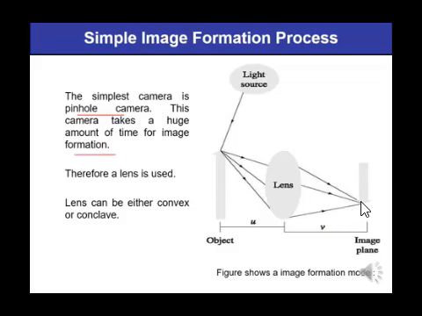The place of the image plane depends on the nature of the lens used, convex lens or concave lens. On that basis, the image can be formed on the right of the lens or on the left of the lens.